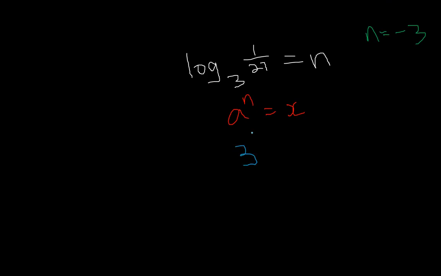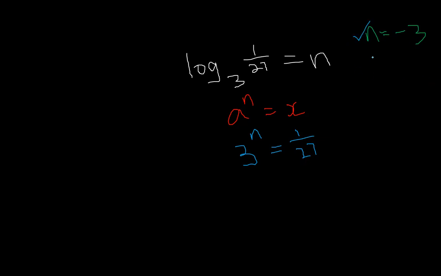A is 3, and we're trying to find n. So n is equal to the number x, which in this case is 1 on 27. Maybe you might be able to look at this exponential and already know the power, right? So yes, this would be correct.